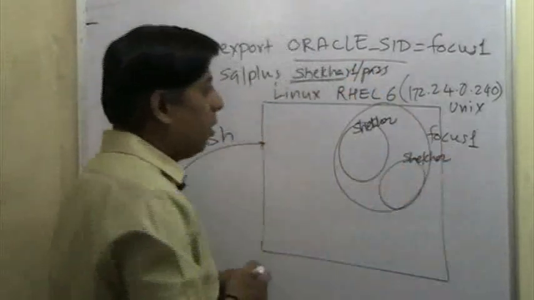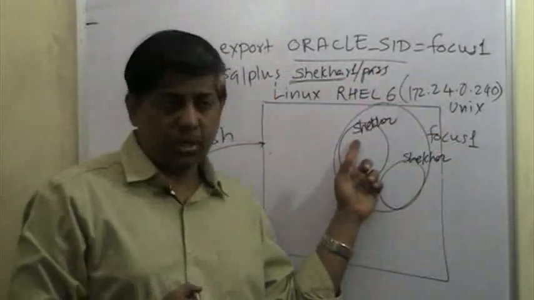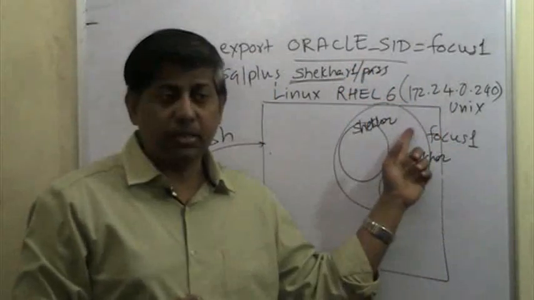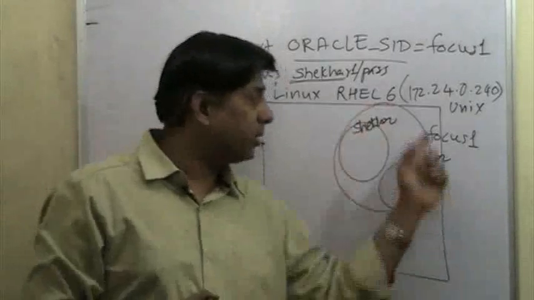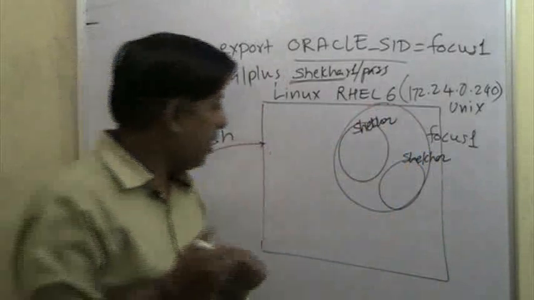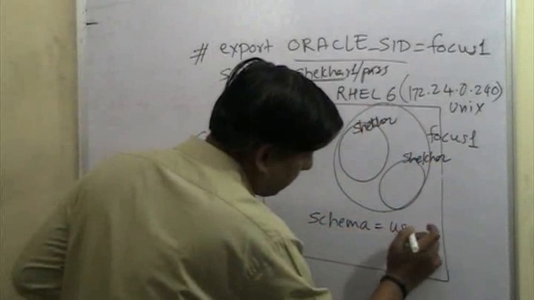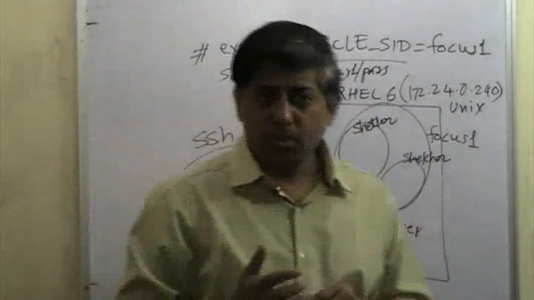So we have a database called Focus1, and inside it we have one schema Shekhar, another schema Shekhar1, a third schema something else. There could be thousands of schemas inside one database, and a schema is nothing but a user. Many times I will call it a schema, many times I will call it a user.